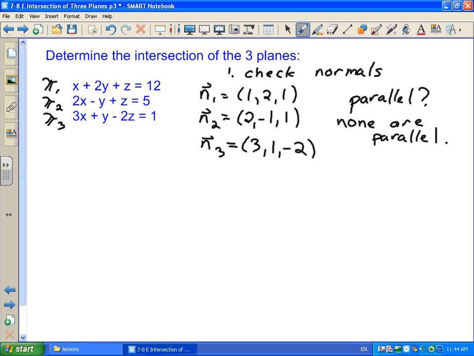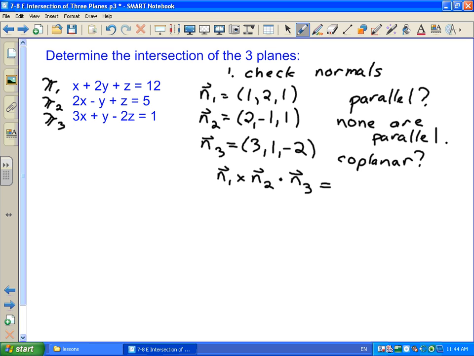The next thing to check is, are they coplanar? Okay. Now the easiest way to check that is to do the triple scalar product. Do n1, do the cross product with n2, and then do the dot product with n3.